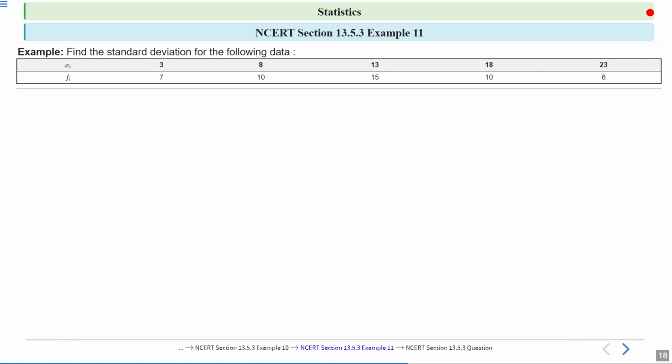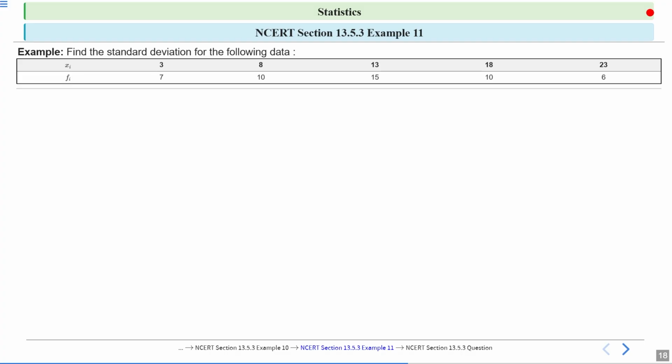Now let's look at example 11. In this example we have to find the standard deviation for the following data. The table shows in the first row the values of xi, and the values of xi are 3, 8, 13, 18 and 23.